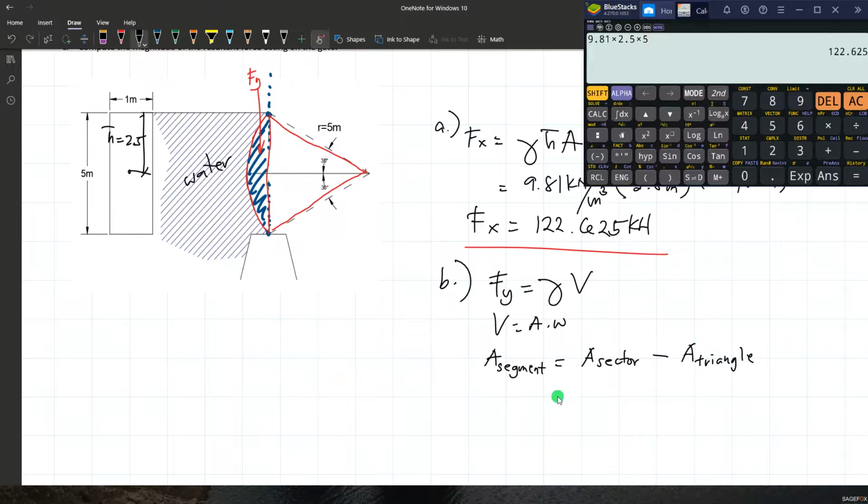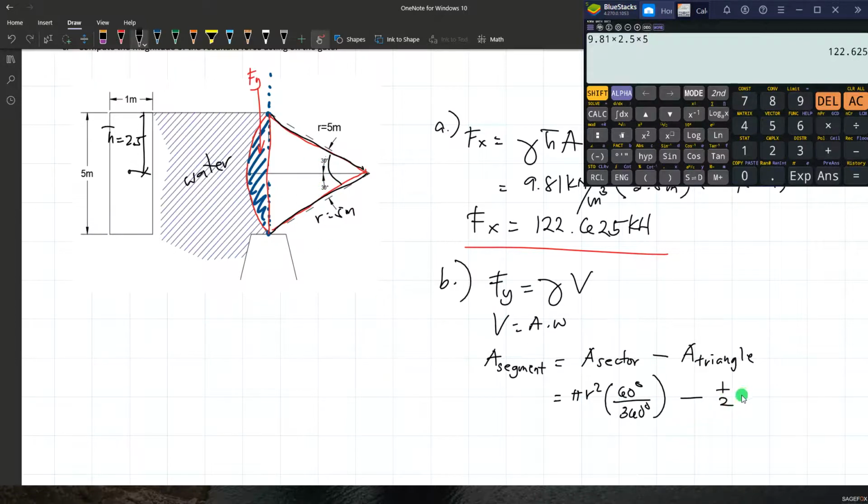So for the area of a sector, we have pi r squared, then multiply it by the ratio of its central angle to the total angle of a circle, which is 360 degrees. So the central angle is 60 degrees divided by 360 degrees, to be subtracted by the area of a triangle. Since we have a radius, this is also the radius of 5 meters, so we have two sides and an included angle of 60 degrees.